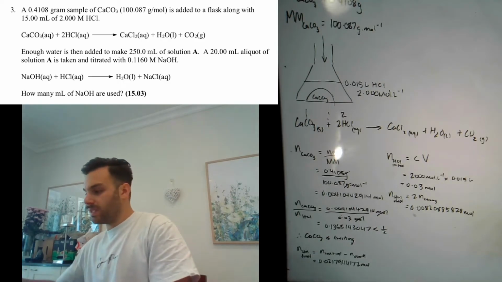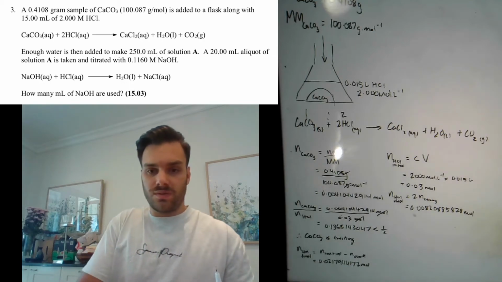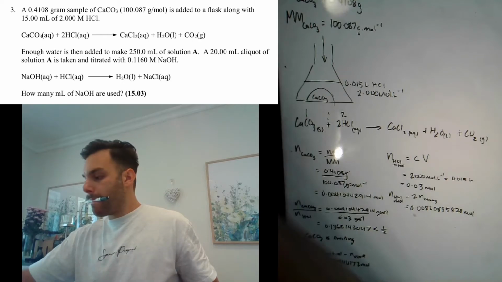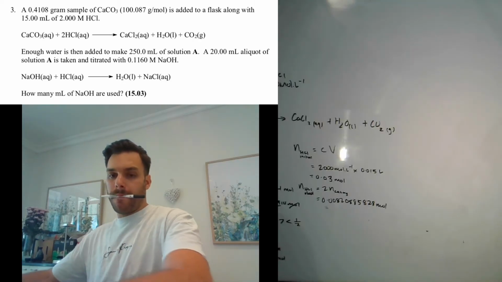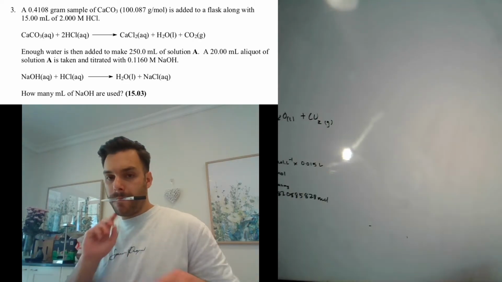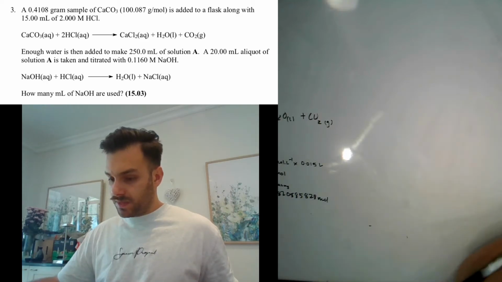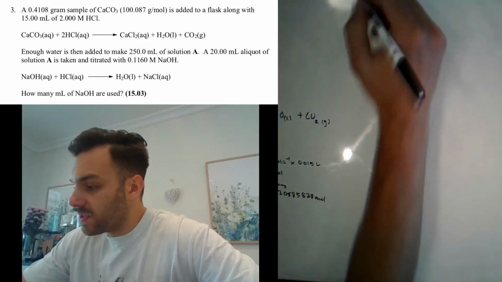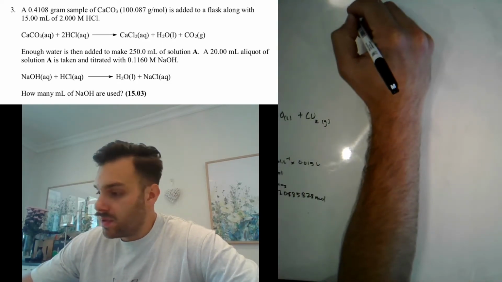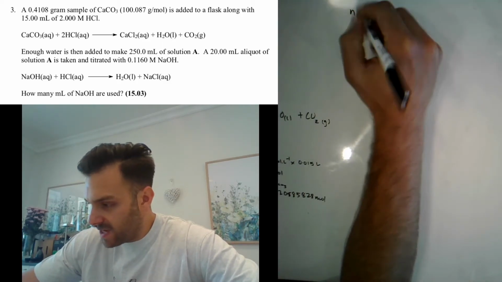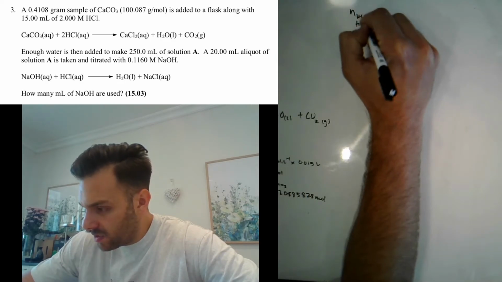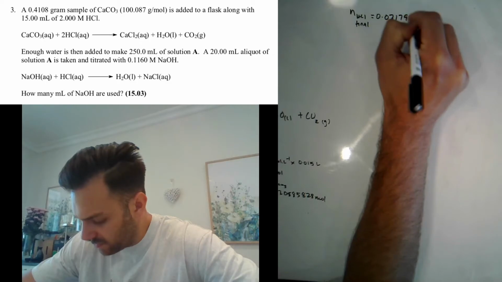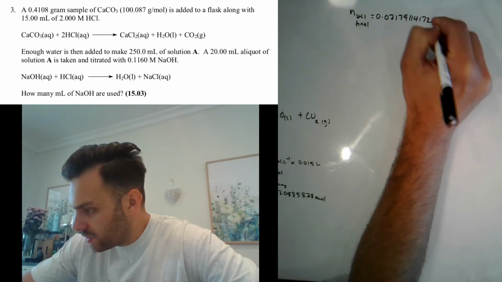Now, let's move this all across. All right, so now that we've got, I'll just write that number up here. So the number of moles of HCl that we have now, final, is 0.02179114172 moles.